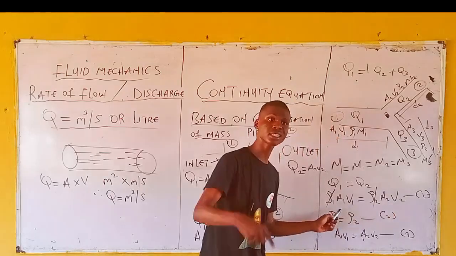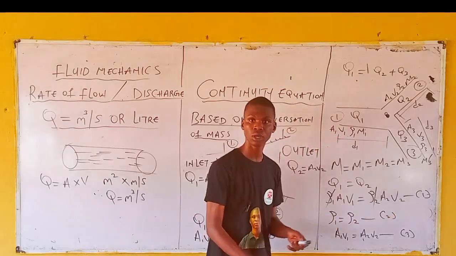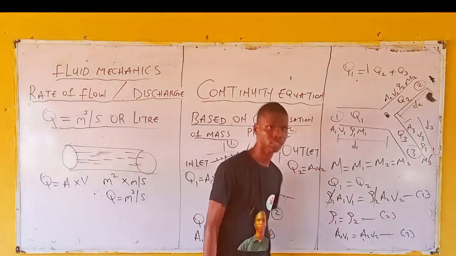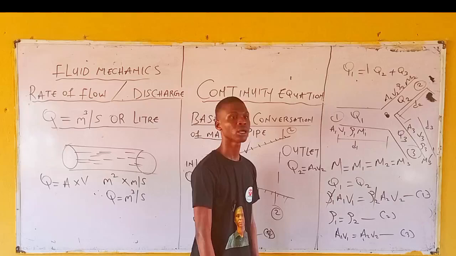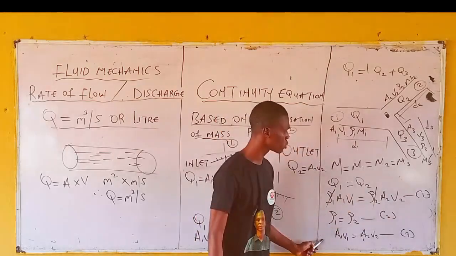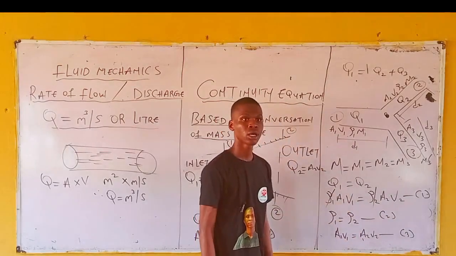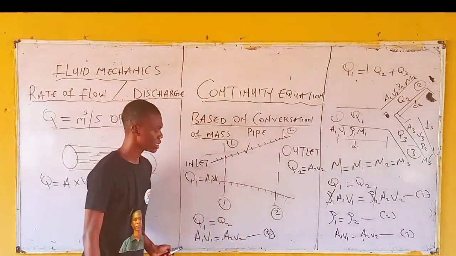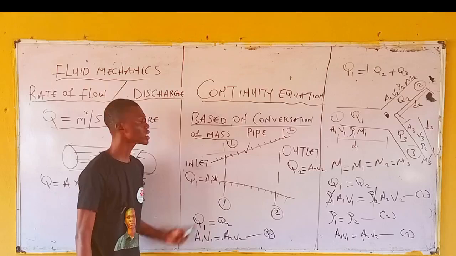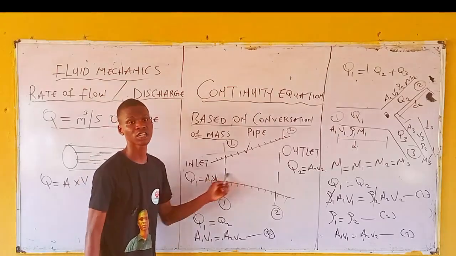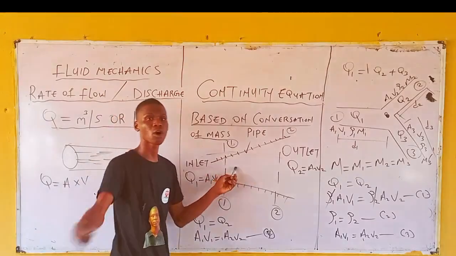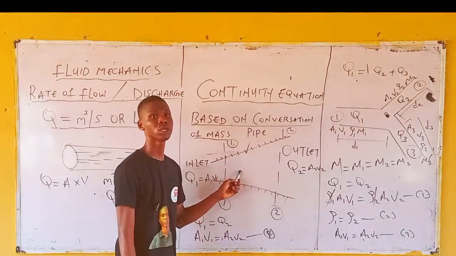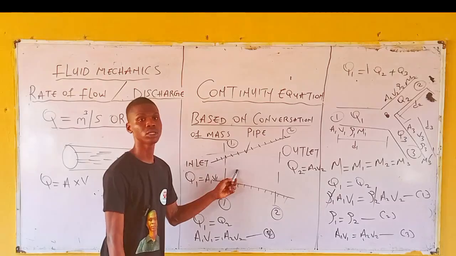But density is constant, meaning they have the same value, so density 1 cancels density 2. Now equation 1 you can write as equation 3. Then you can deduce this equation 4. What type of liquid is inside this pipe? Compressible or incompressible liquid? It is a compressible liquid.